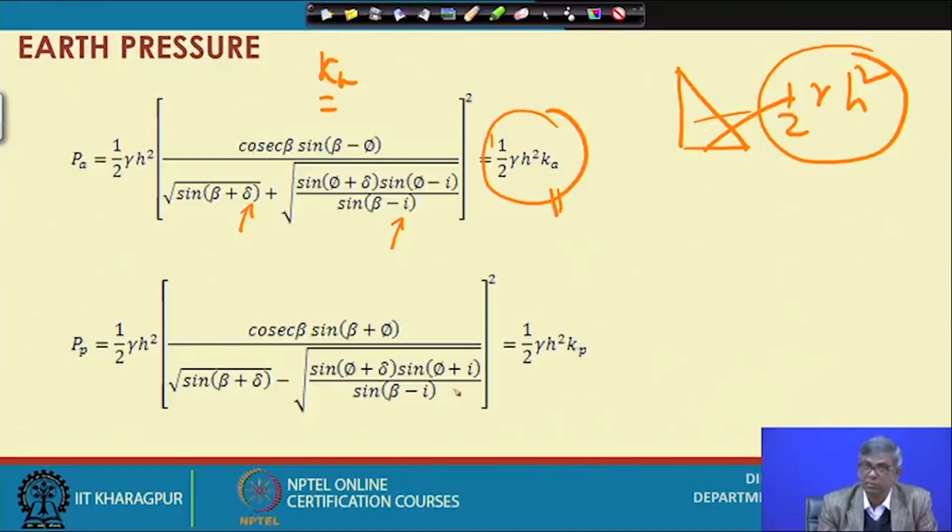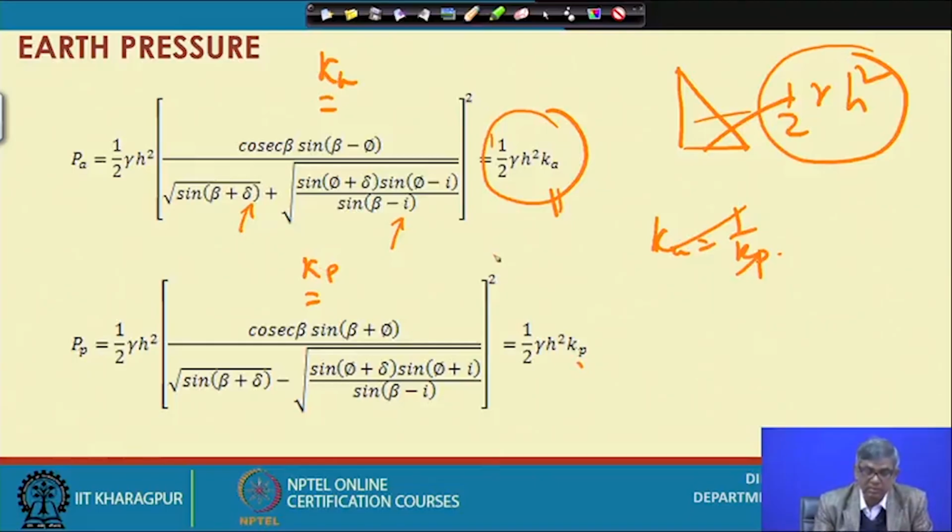Like previously, when you have active and passive earth pressure, it will be inverse only, K equal to 1 by Kp, similar thing here also. So here Kp will be equal to the entire expression in the bracket.